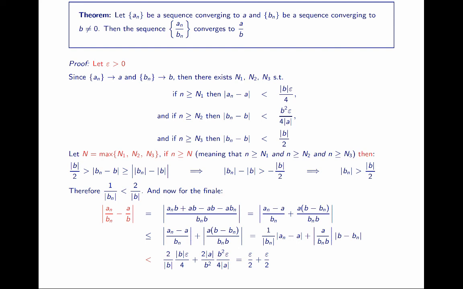Half an epsilon plus half an epsilon is a full epsilon. And I'm done because if I look at all the terms highlighted in red, I have satisfied precisely the definition of convergence of the sequence a_n over b_n to the number a divided by b. And we're done. That's it for today.